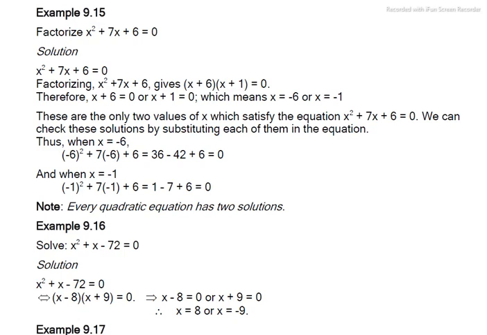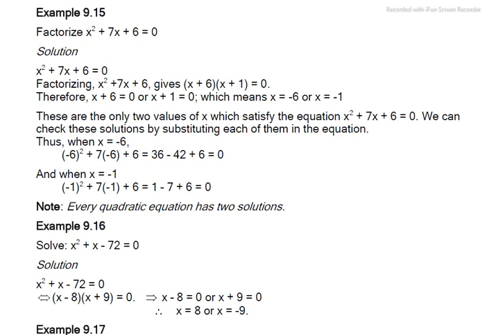We saw how we factorize quadratic expressions, whereby we get the sum and product and then the factors.